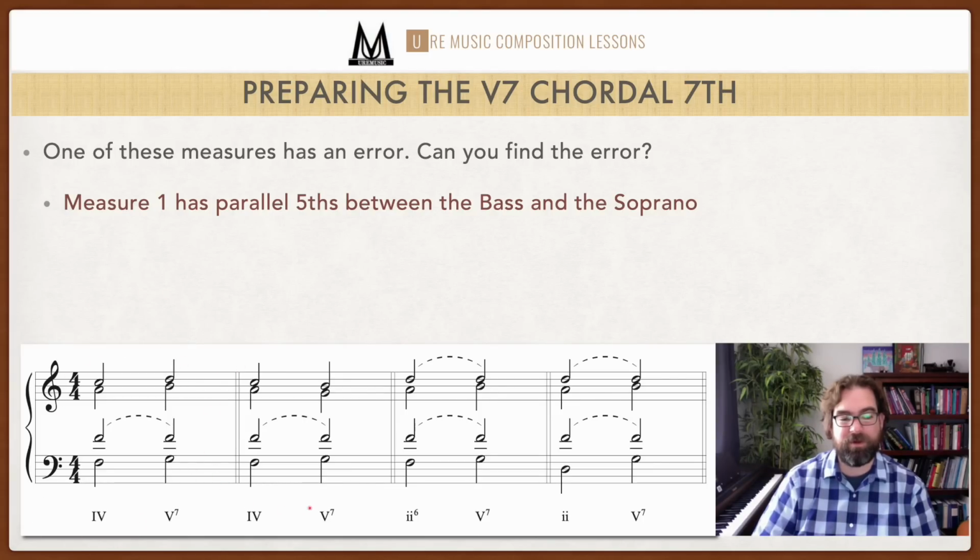The second one is an example of how you could do it correctly. Notice how the upper voices are moving down while the bass is moving up. If you have similar motion between the voices, you'll probably end up with parallel octaves or parallel fifths. So you've got to avoid that. So this would be the correct resolution for this particular example.